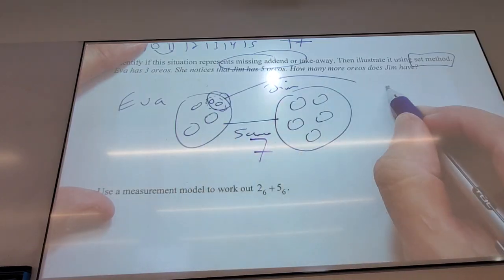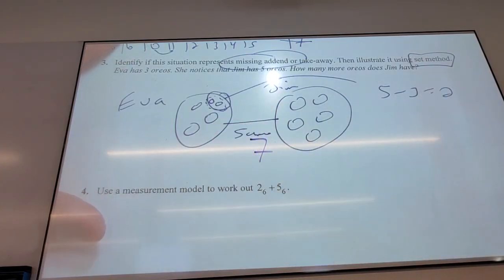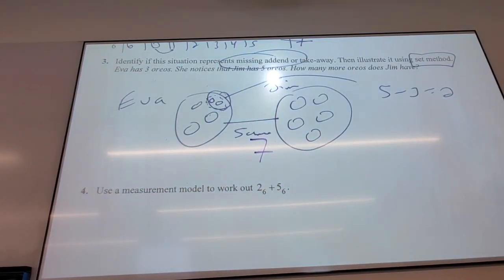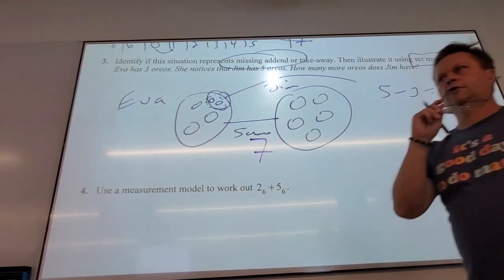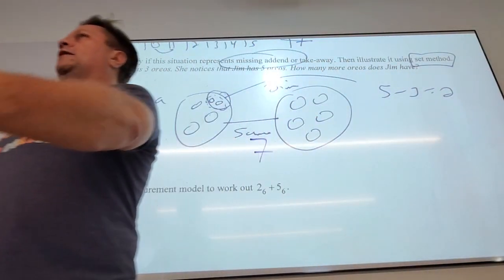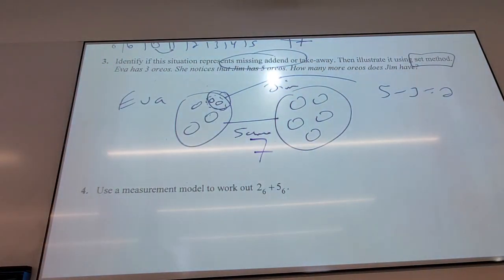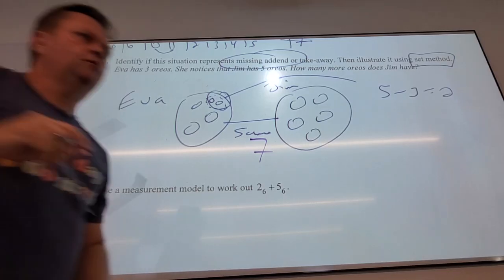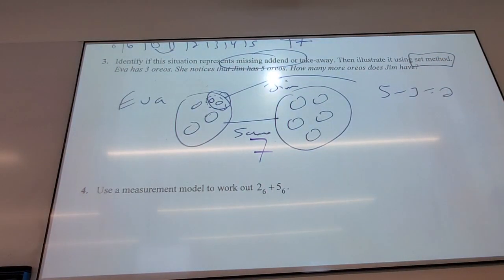So then 5 minus 3 must be the 2 that she needs to make them the same. So that's missing addend. How many cookies would you have to add to make them the same? At first I should have put comparison on there because it's actually more like a comparison problem. What do you have to be careful about on number 4?